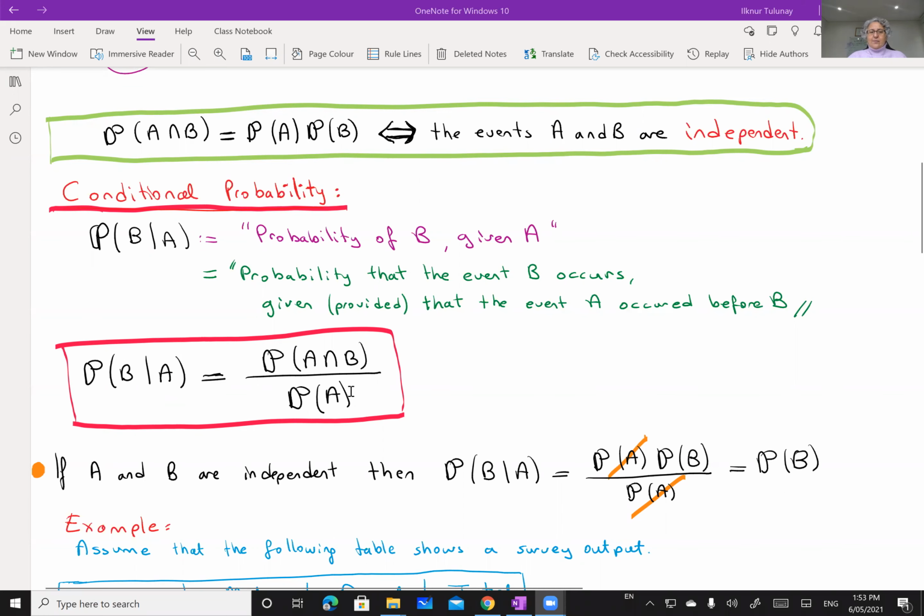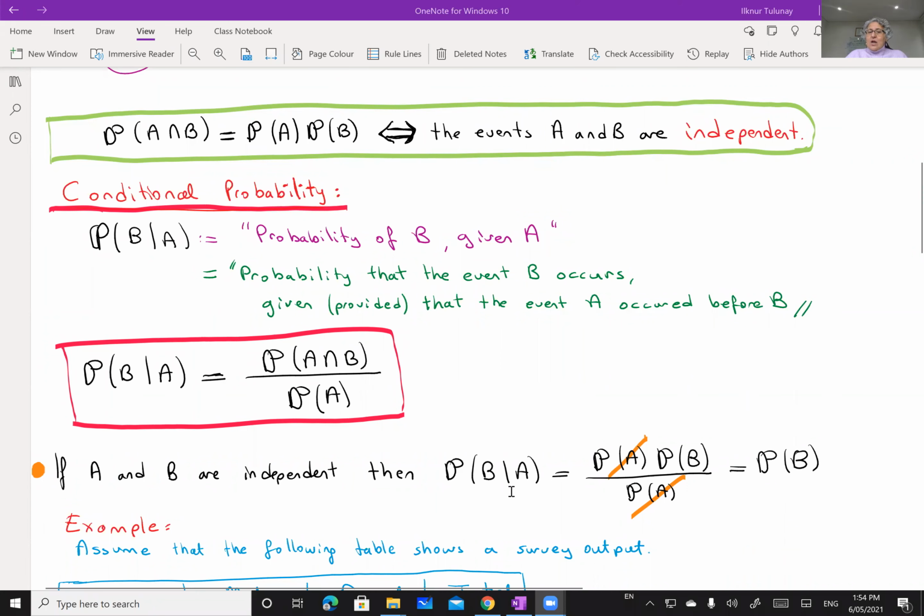Hopefully it makes sense. If A and B are independent events, then P of A intersection B is equal to PA times PB. Then this can be replaced by this one. Then PA occurs in the numerator and the denominator, and they will cancel each other out. Then we will have the probability of B. So if you have two independent events, then the conditional probability is exactly the probability itself.